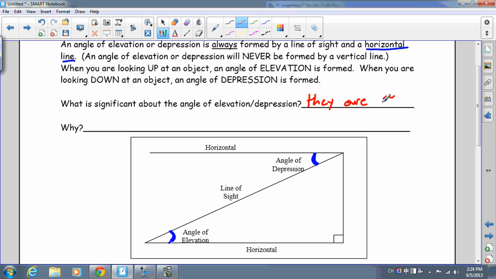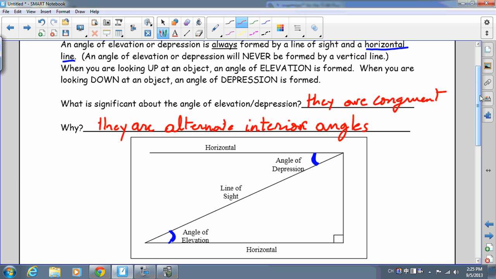By the way, this symbol means congruent, but let's just write congruent for now. These angles are nothing other than alternate interior angles. Remember, we said in geometry that alternate interior angles are always congruent.